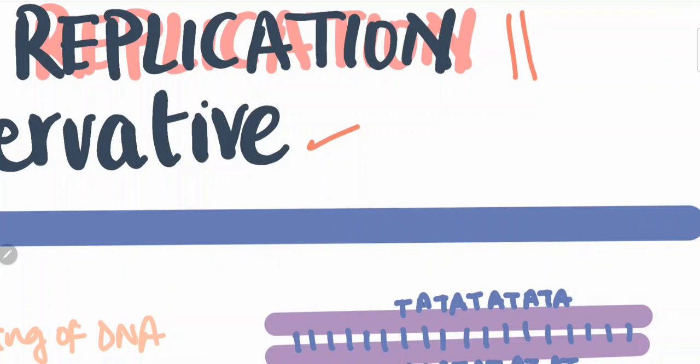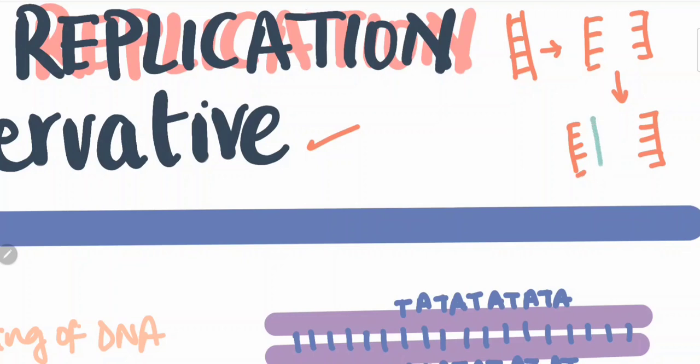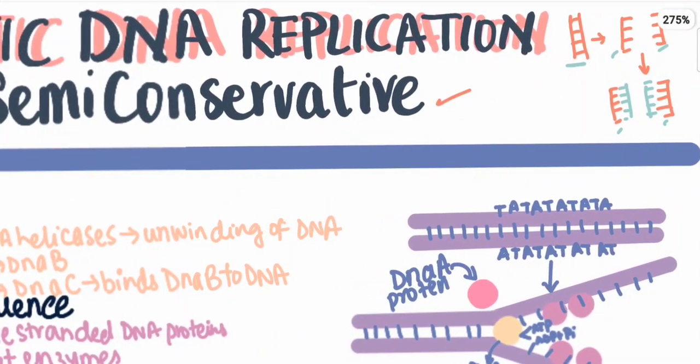The DNA molecule is going to separate, and then two new strands will be formed simultaneously. So the same molecule separated, and then daughter strands were formed of those separated DNA molecules. So that is the semi-conservative model of DNA replication.